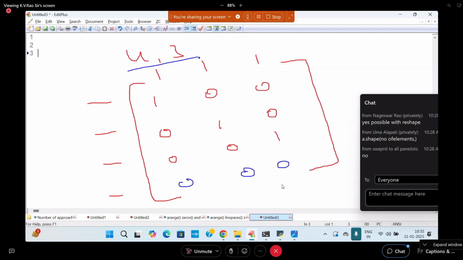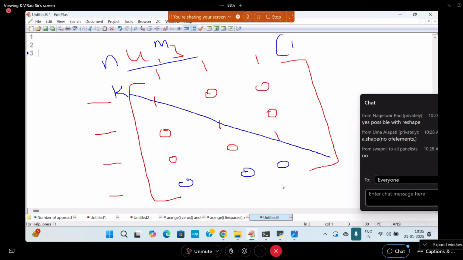This is not the case with identity, where you are passing only the n value. Here you are passing the n value and the m value, and it starts preparing from the principal diagonal only. The principal diagonal is identified by the element called k.